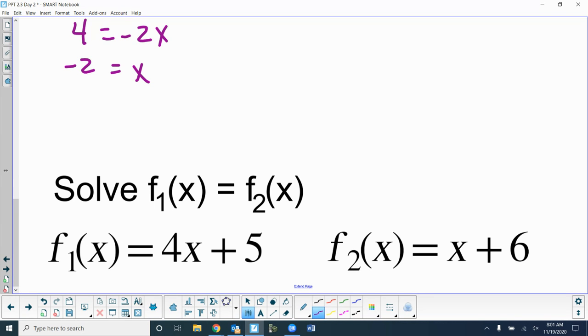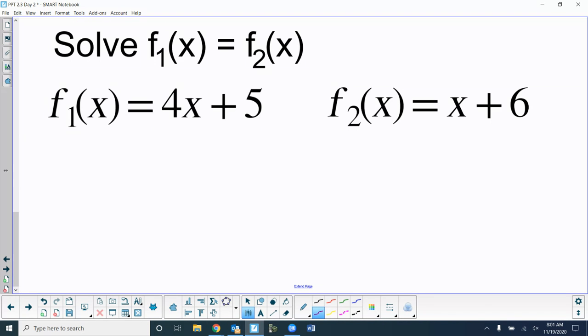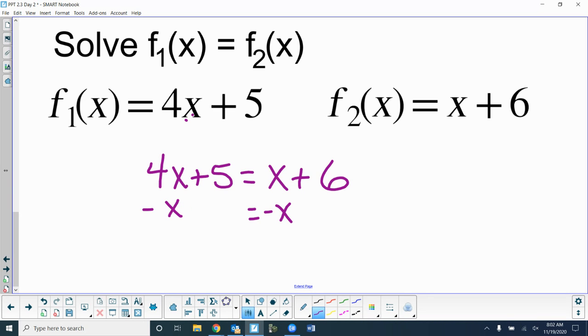Now it says solve this one. These are two different functions, f1 and f2. It says solve this for when they're equal. So all you've got to do is write 4x plus 5 equals x plus 6. And then solve it. You guys know how to solve equations. Subtract the x to get the x's together.